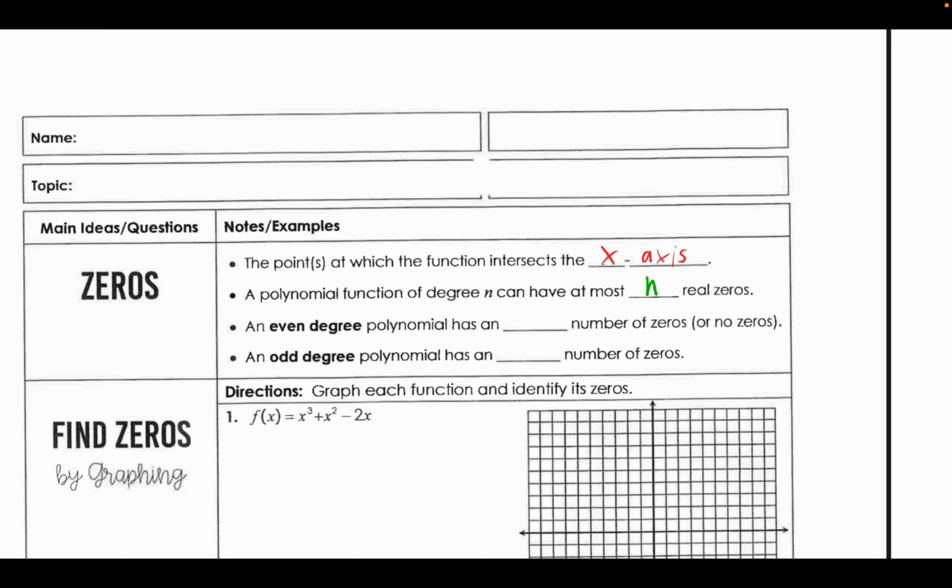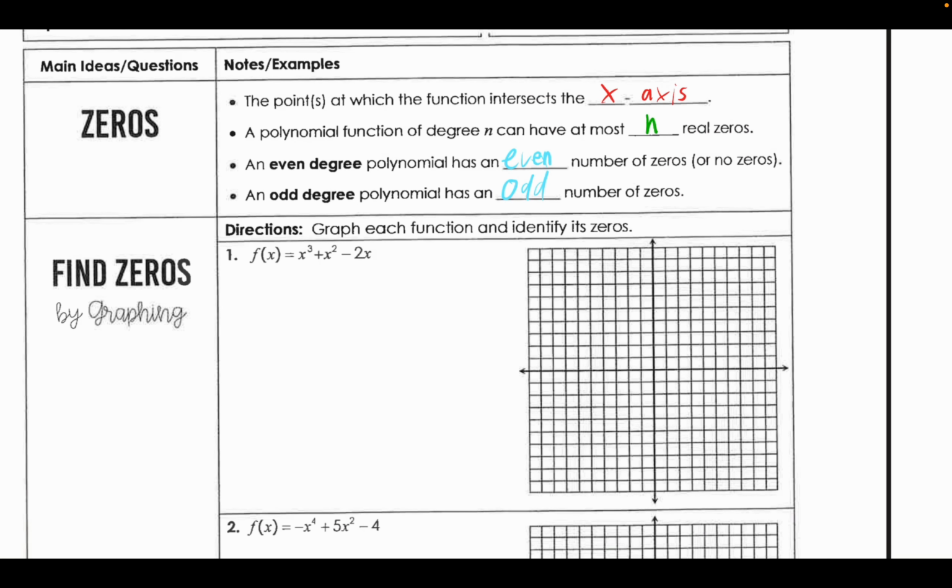Real means, obviously, not the imaginary or the non-real numbers. And an even degree polynomial will always have an even number of real zeros, or potentially no zeros, with 0 being an even number. An odd degree polynomial has an odd number of zeros, such as 1, 3, or 5.